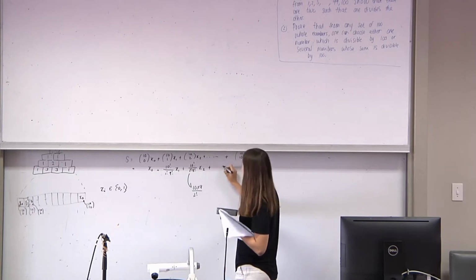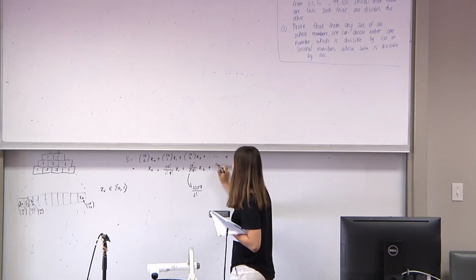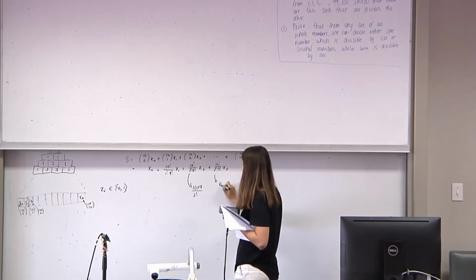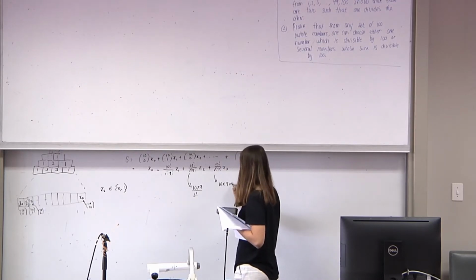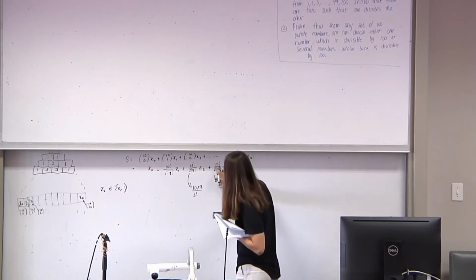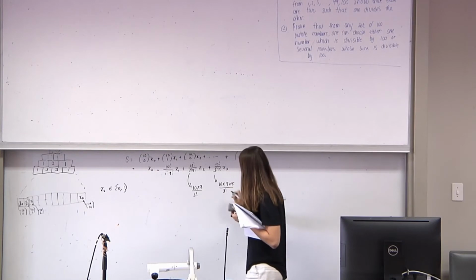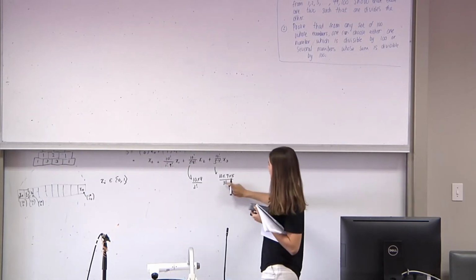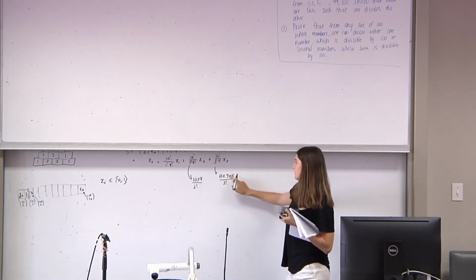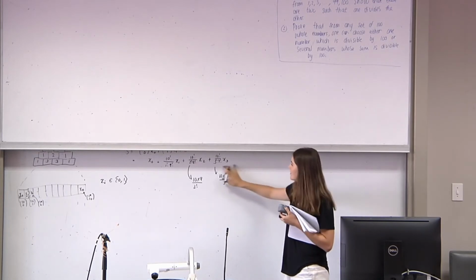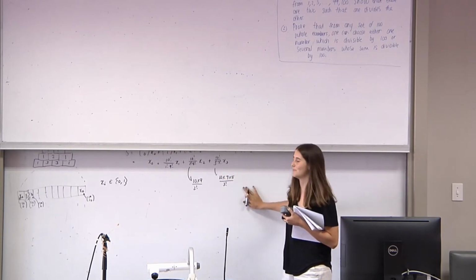For our next one, x3, we have 10 factorial over 7 factorial, 3 factorial. This is 10 times 9 times 8 over 3 factorial. One of the 3s there will cancel, but there will still be a 3 left at the top, meaning this is also divisible by 3.